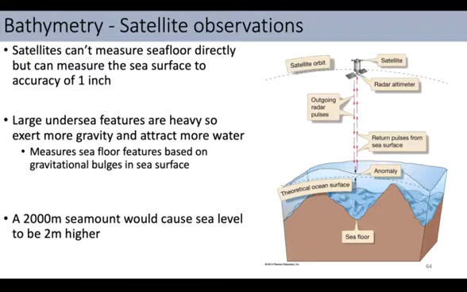Satellites have become a very reliable source of bathymetry data, still not to the resolution of ship data, but satellite data is great to use in places where we do not have ship data. So you can combine them together, sort of extrapolate out using the satellite data to fill in the gaps where we don't have the ship measured data.